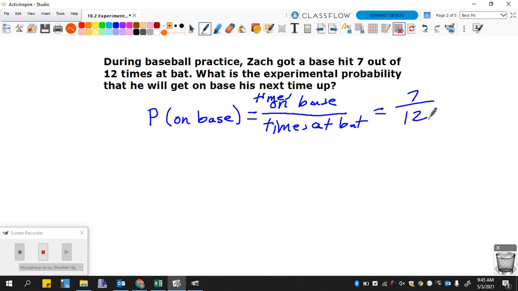And this can't be simplified at all, but make sure that you always write your probability in simplest form.